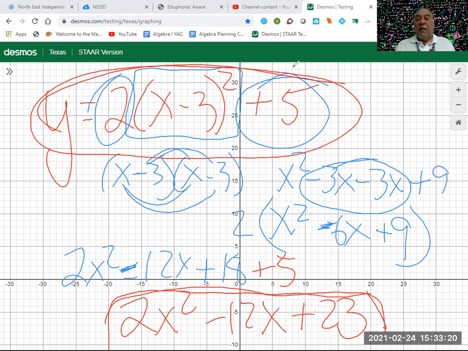But if you want to put it in the calculator, you can put it in the vertex form, and I'll show you in just a second. Clear all this out.